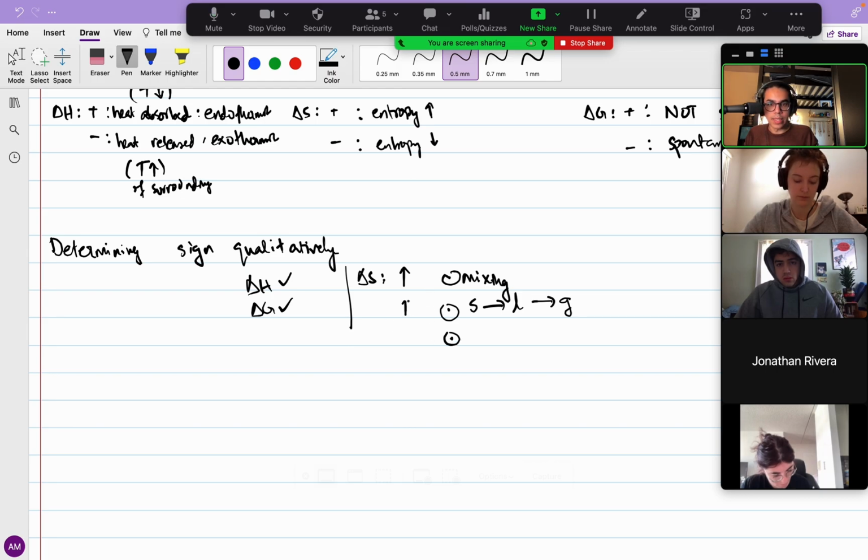Another one is, for anything, a temperature increase corresponds with entropy increase. Think about it this way.